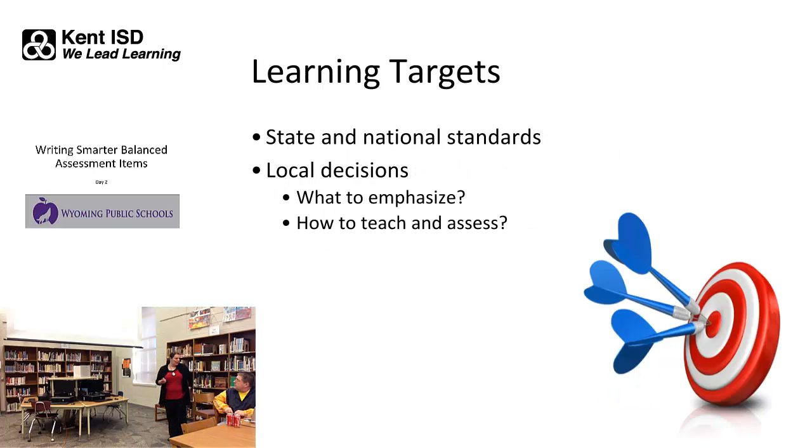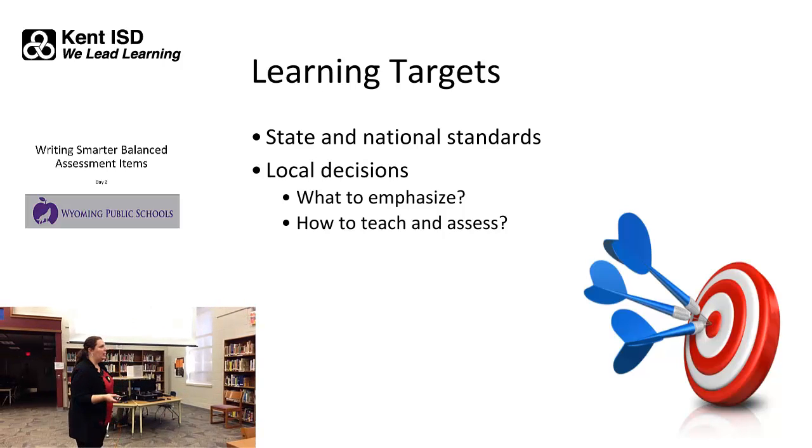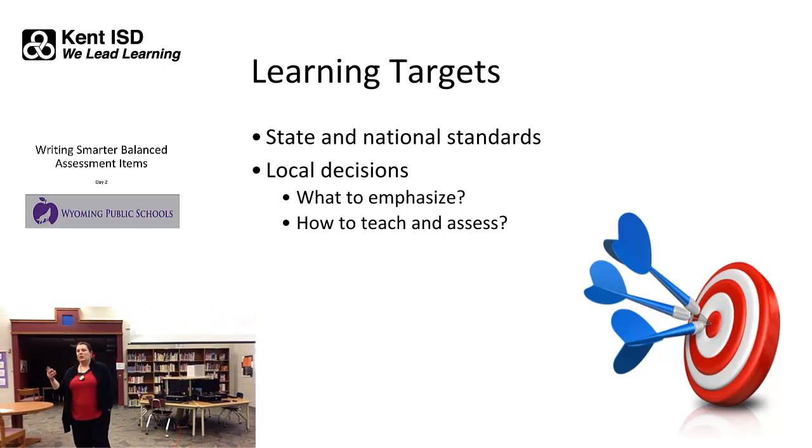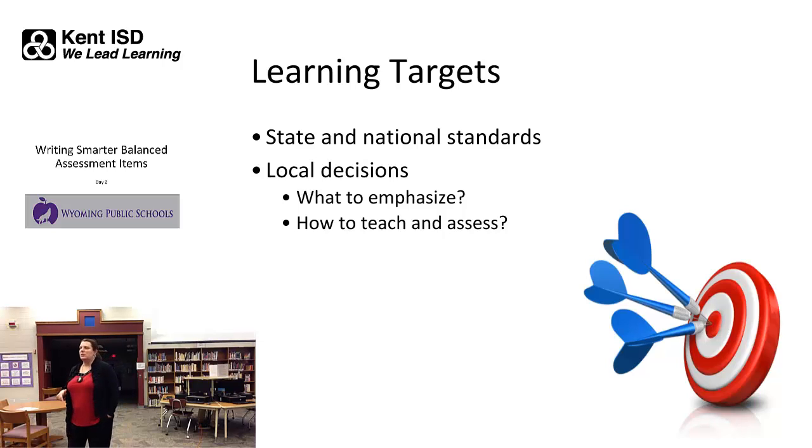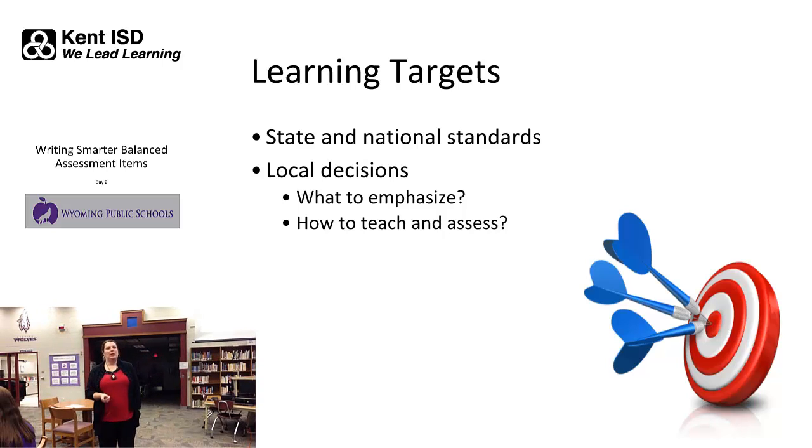So again, we talked about learning targets last time. And you have your standards, whether you're looking at your Common Core standards, the social studies standards, the Next Generation Science Standards. And you're defining those learning targets, you're deconstructing those standards. What is it that students need to be able to do?